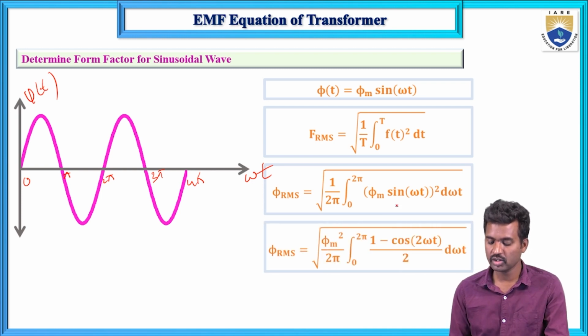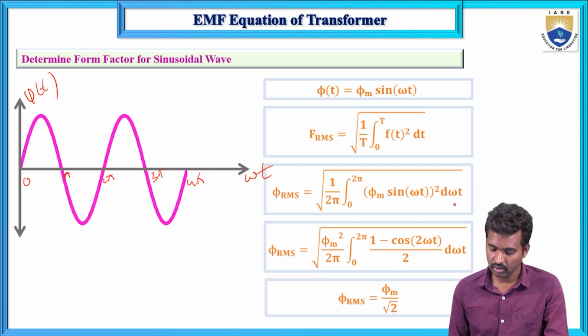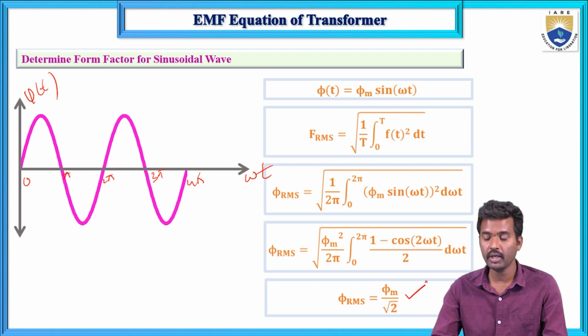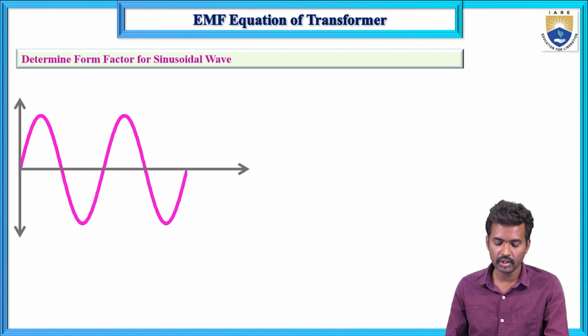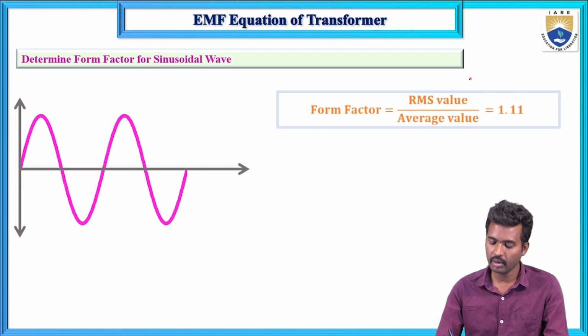Now sin square t equals 1 minus cos 2t divided by 2. If you integrate and simplify this, the RMS value equals phi m by root 2.